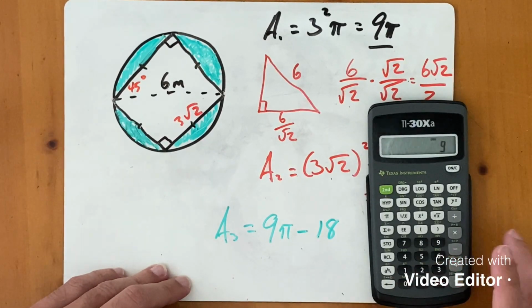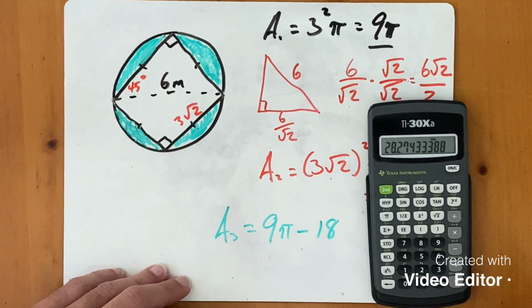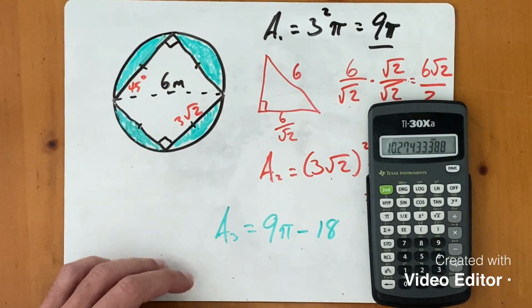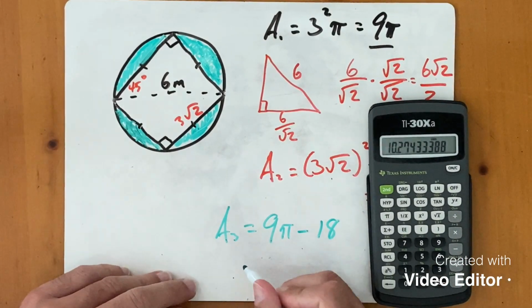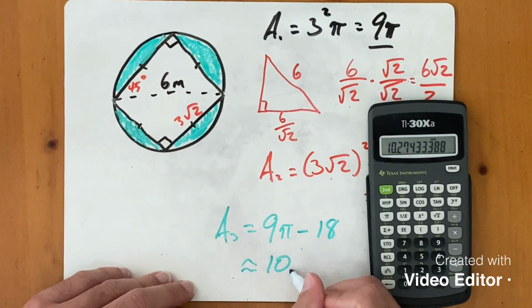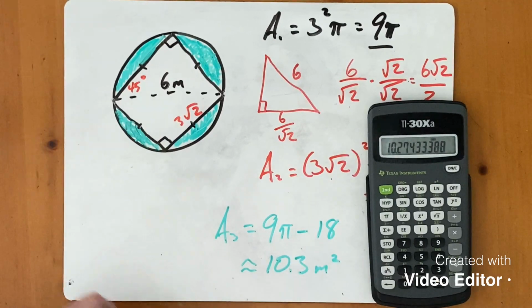I'm going to do 9 times the pi key, equals, so there's my area of my circle, and then I'm going to subtract the 18, which is the area of the square, and what I'm left with is approximately 10.3 square meters. So now I know how much area coverage I need in order to fill in that shaded area. Hopefully that helps.